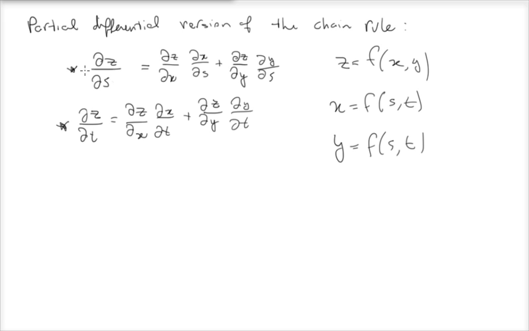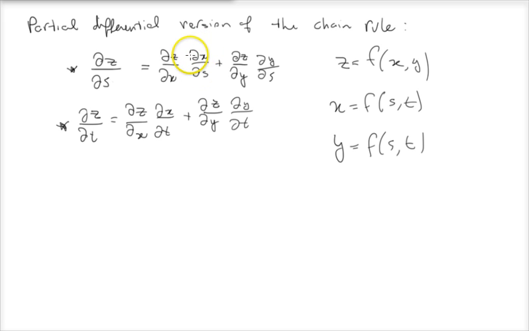So basically, we have the same chain rule. It's the exact same for each partial derivative. You're trying to find z with respect to some parameter, and that's going to be equal to the partial derivative of z with respect to one of the intermediate variables, either x or y, times the derivative of that variable with respect to the parameter.